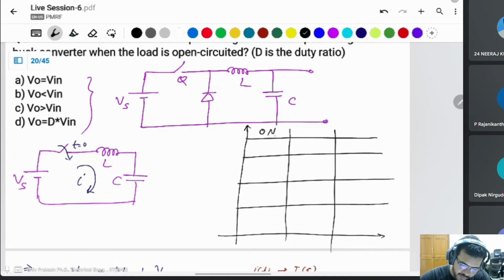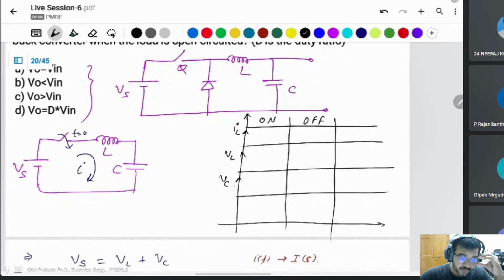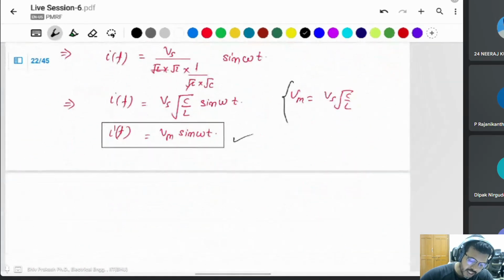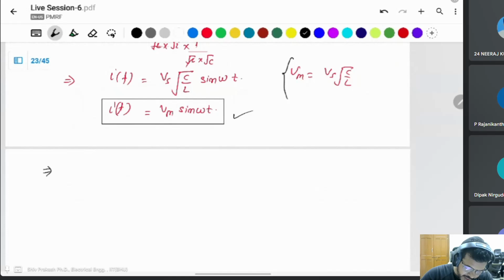Suppose this is the on time, and this is the off time, the switch off time. This is the inductor current, this is the inductor voltage, and this is the capacitor voltage Vc. Suppose this is the i(t).